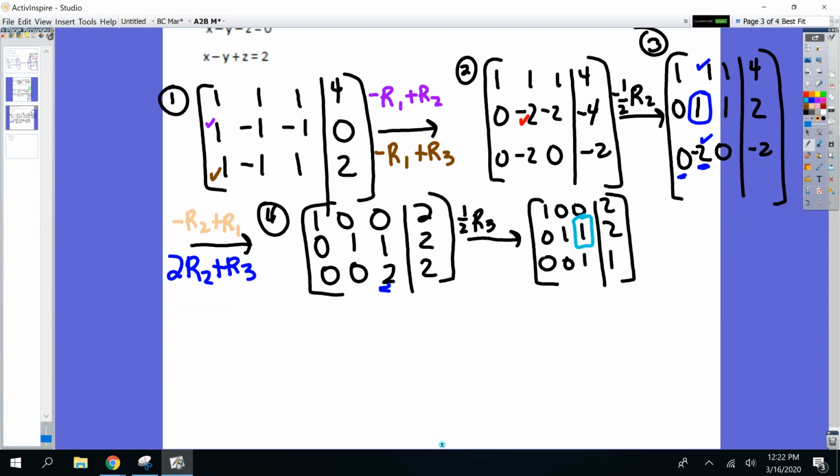Yep, I don't have anything in row 1 I can multiply by, but I can multiply row 3 because there's a 1 right here. I can multiply row 3 by -1. So final matrix here.